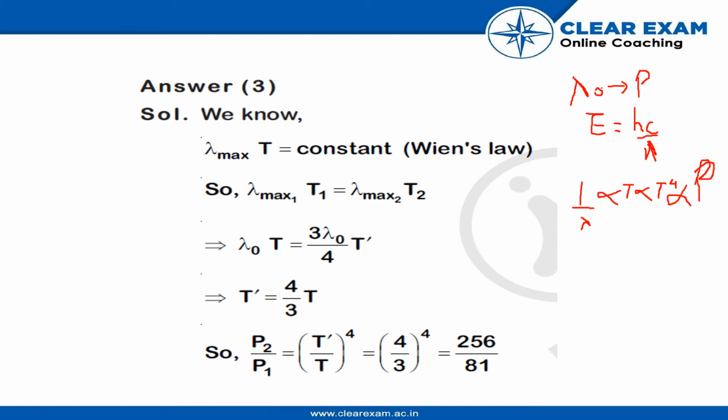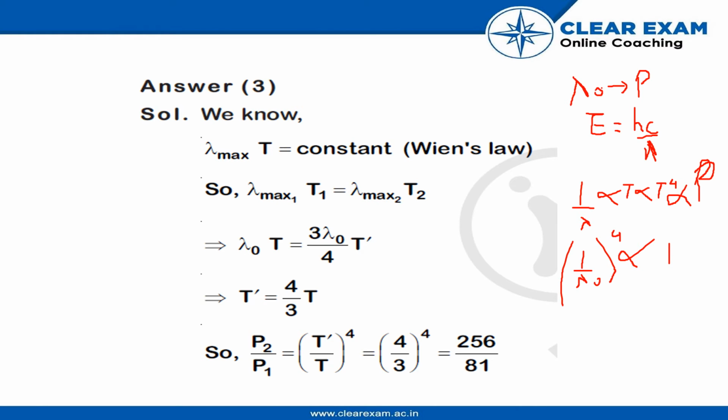So 1 upon lambda naught to the power 4 is directly proportional to power.